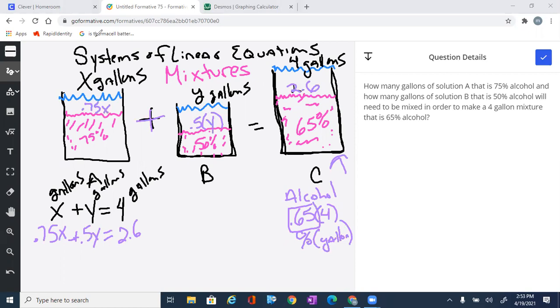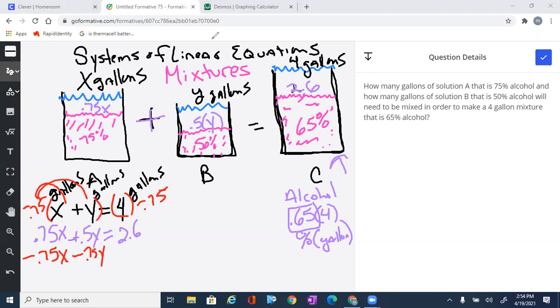Now, the easiest way, in my opinion, to solve this is to use elimination. So let's go ahead and do that. I'm going to get rid of the x's first, and I'm going to multiply by negative 0.75 on both sides of the first equation. That gives me negative 0.75x, negative 0.75y, because I'm going to distribute that in.